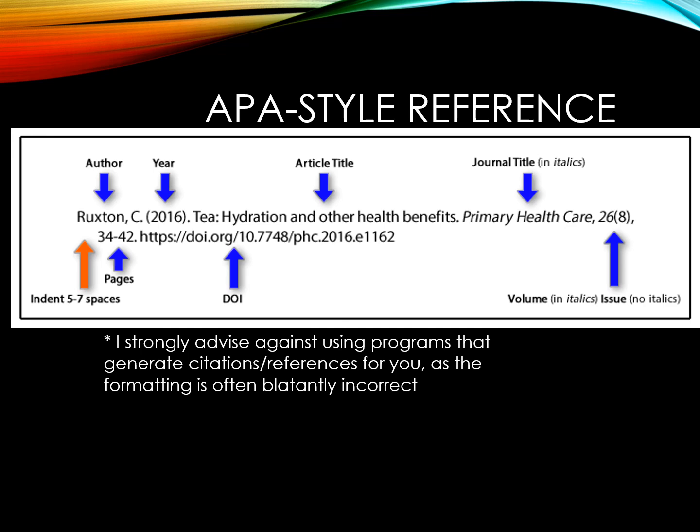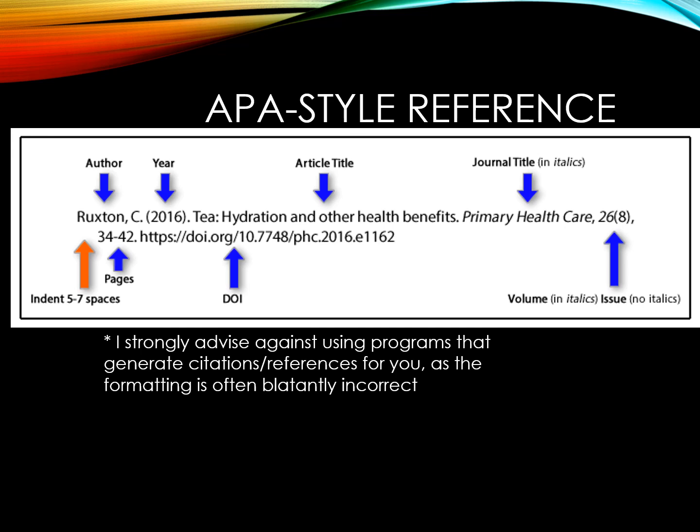And then immediately after the volume number, without a space in between, is going to be the issue number, which is in parentheses but not italicized. Okay, and then you're going to again have a comma and the pages of the article.